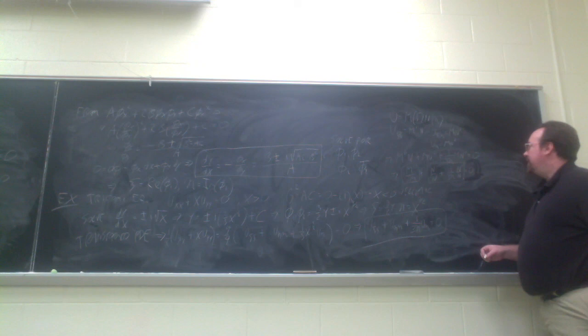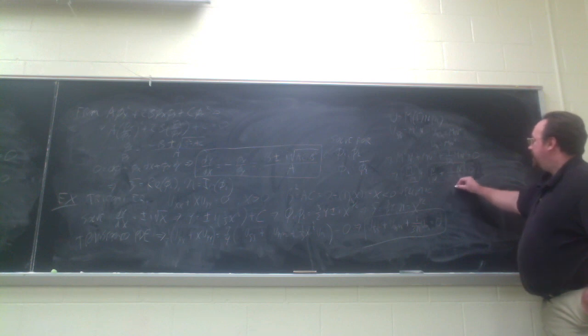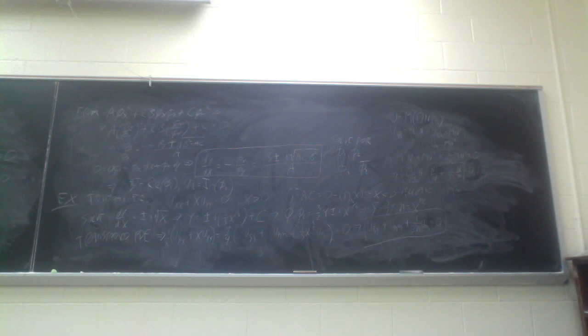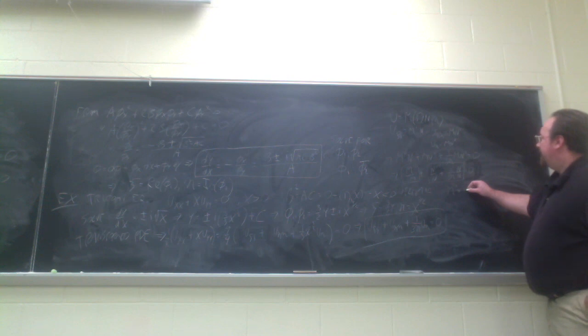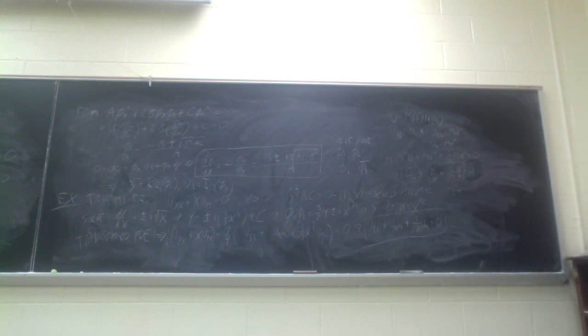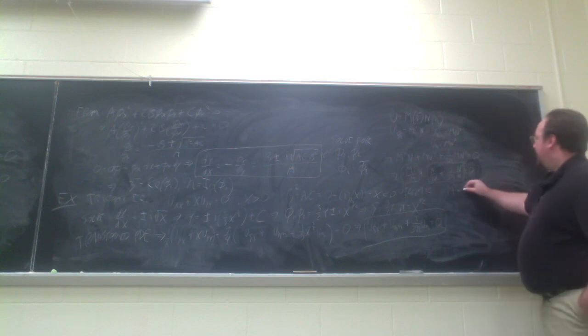So for instance, I could say M double prime over M is equal to some constant, which I'll call lambda.